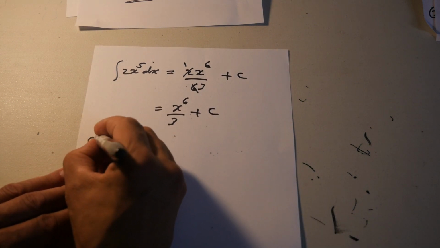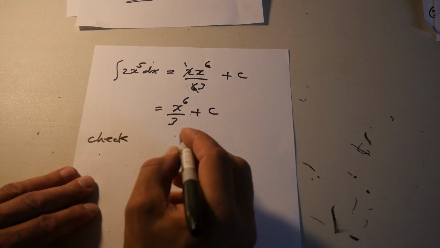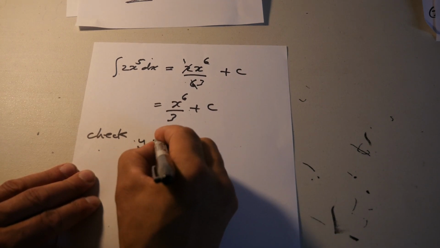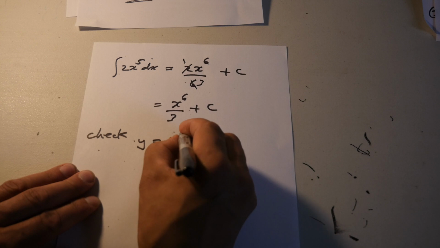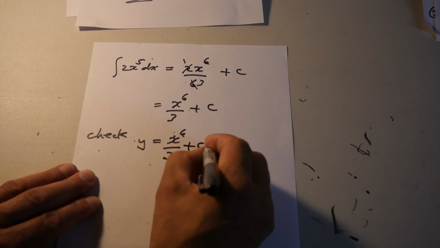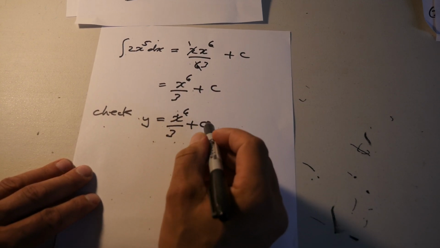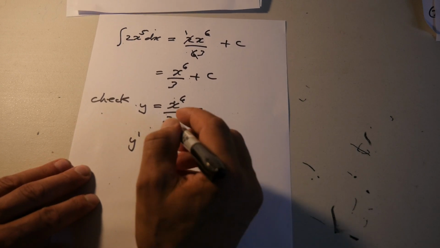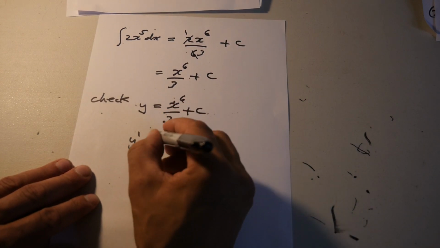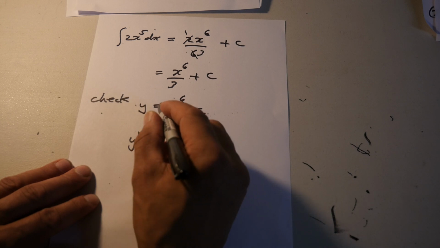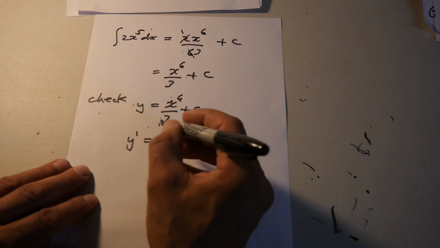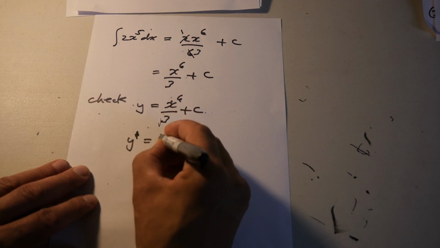So to check, if you write that as y equals x to the 6th over 3 plus c, which is a constant number, then y dash equals a third times x to the 6th.